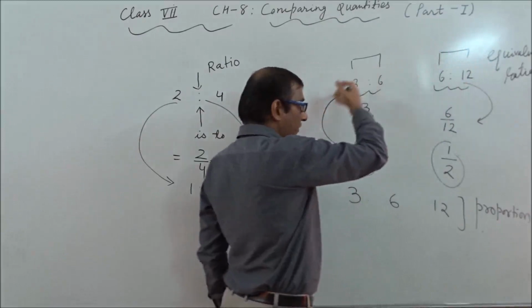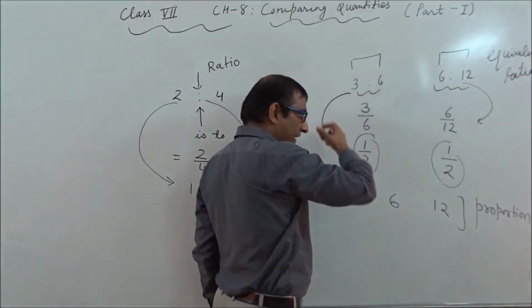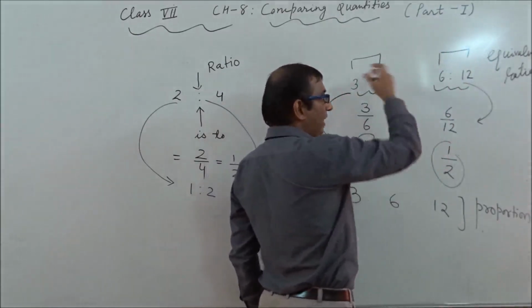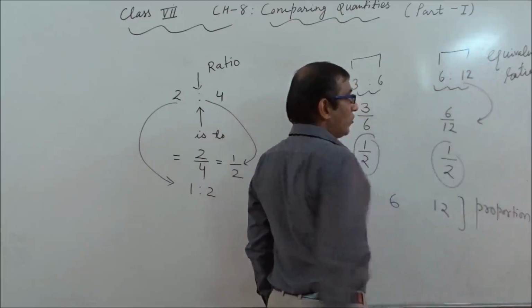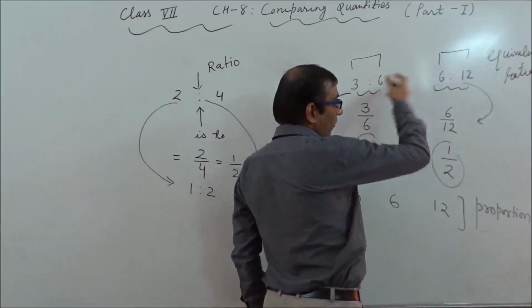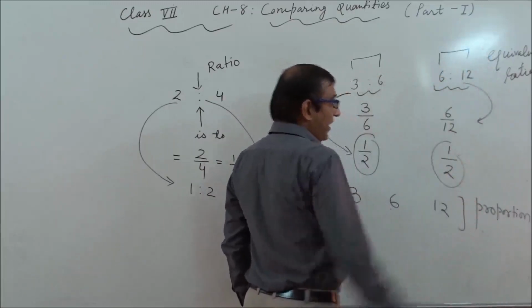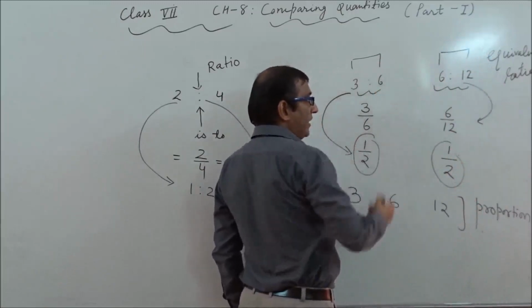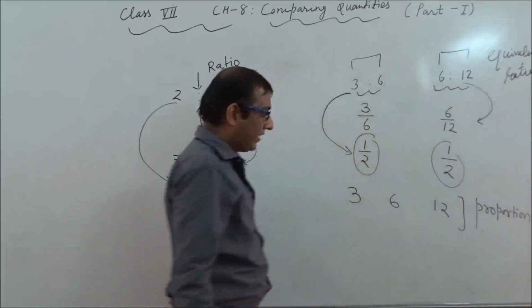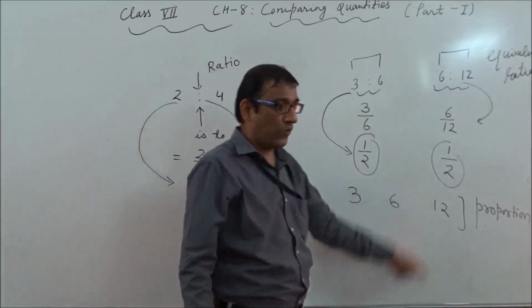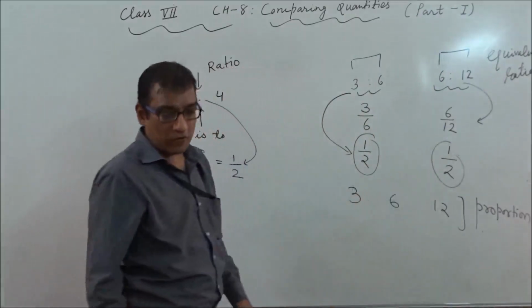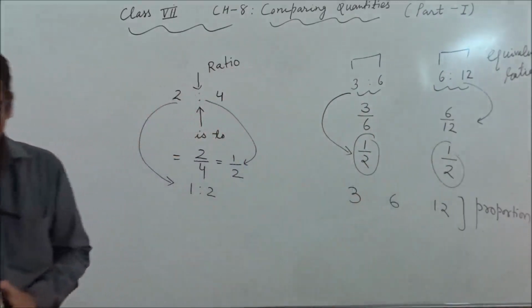When we solve them, if we get the same fraction, then the ratios are equivalent. And when the ratios are equivalent, what about proportion? Here we are using three numbers, 3, 6 and 12. That's why we can say these are in proportion.